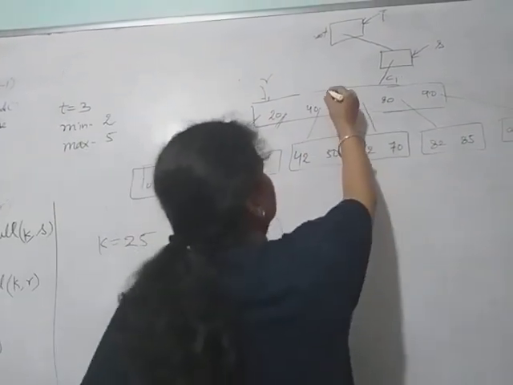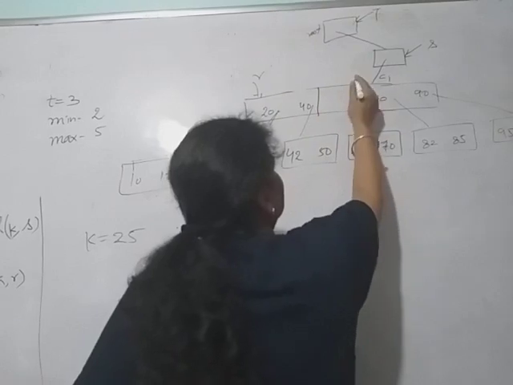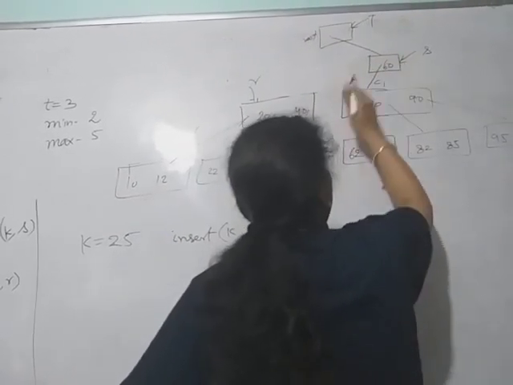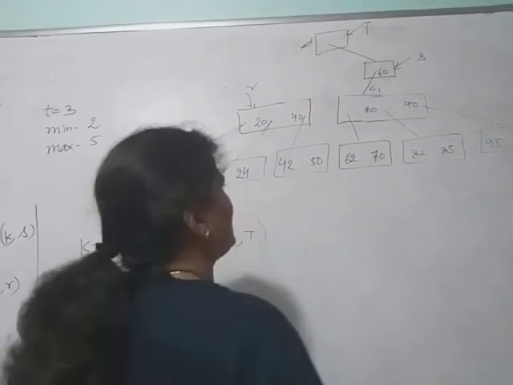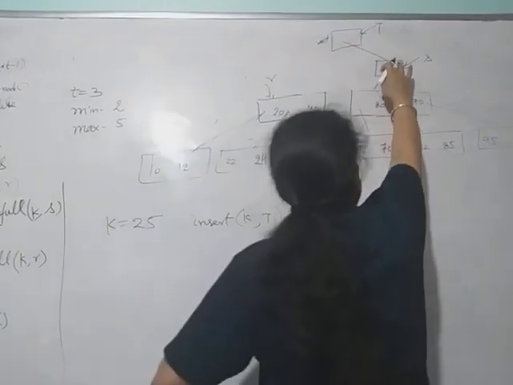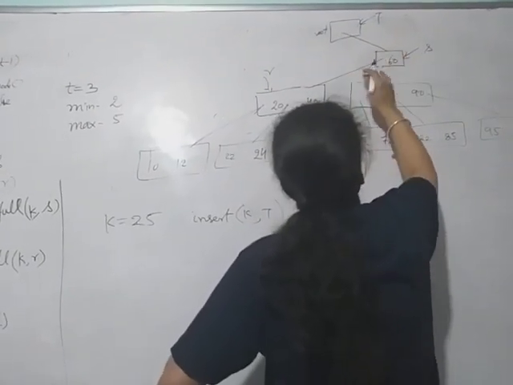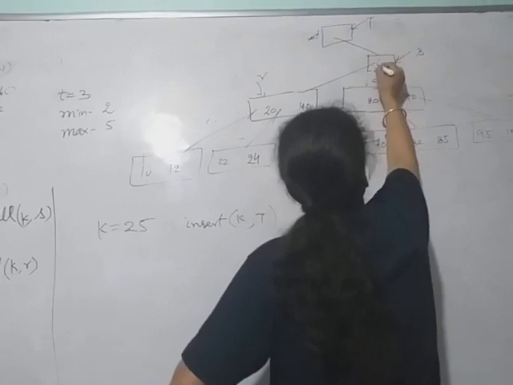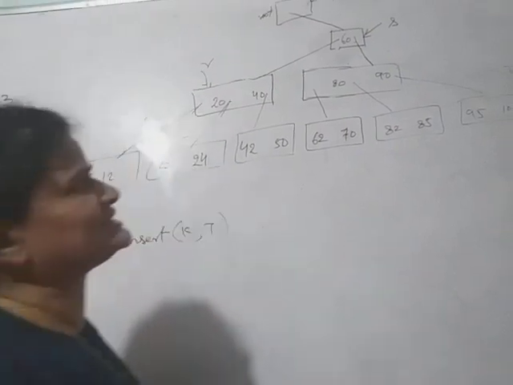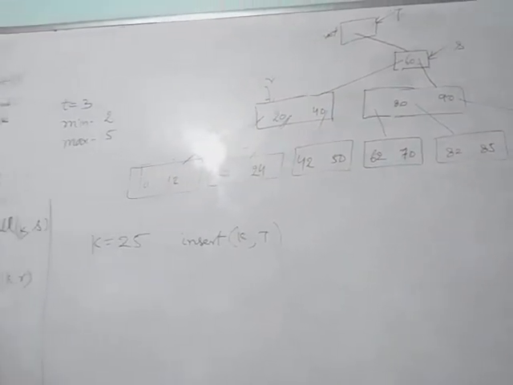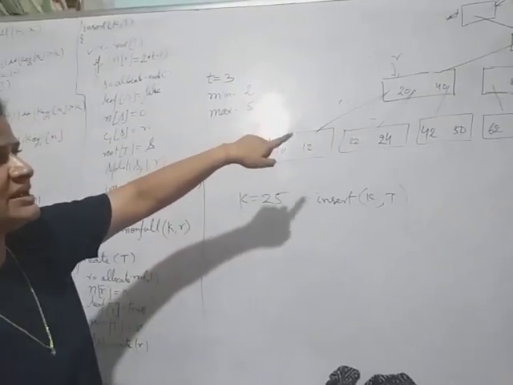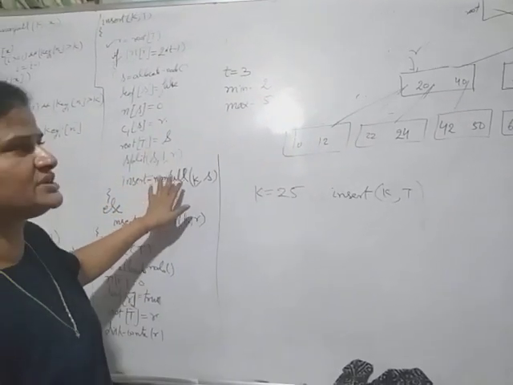So after the split, 60 will be shifted up. This is the left child of 60 after splitting, and this will become the right child of 60. In the split function we have to check the keys 20, 40, 80, 90.